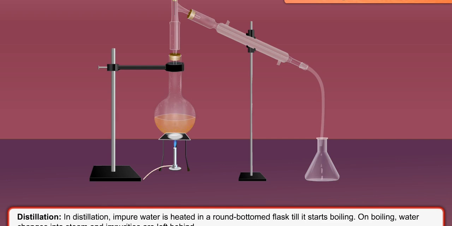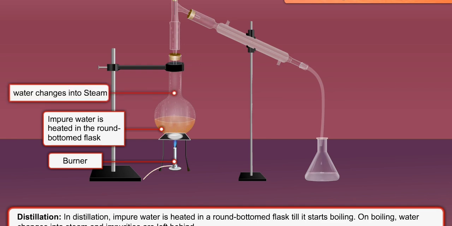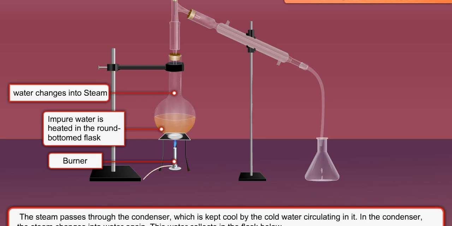Distillation. In distillation, impure water is heated in a round-bottomed flask till it starts boiling. On boiling, water changes into steam and impurities are left behind. The steam passes through the condenser, which is kept cool by the cold water circulating in it.